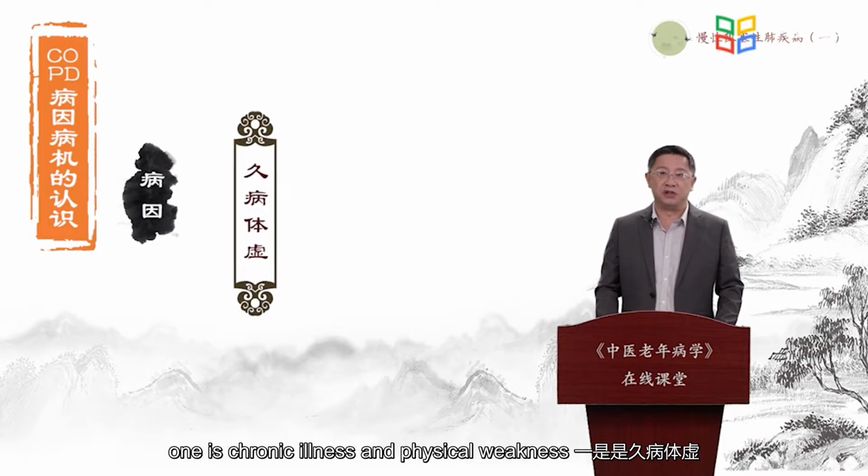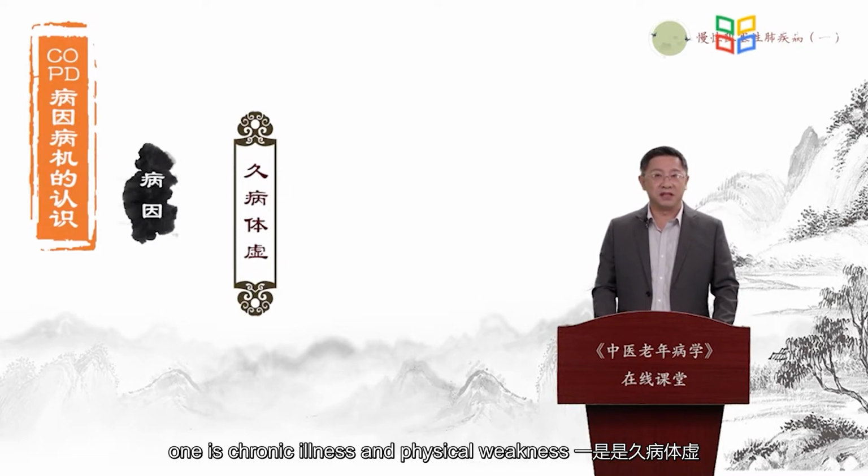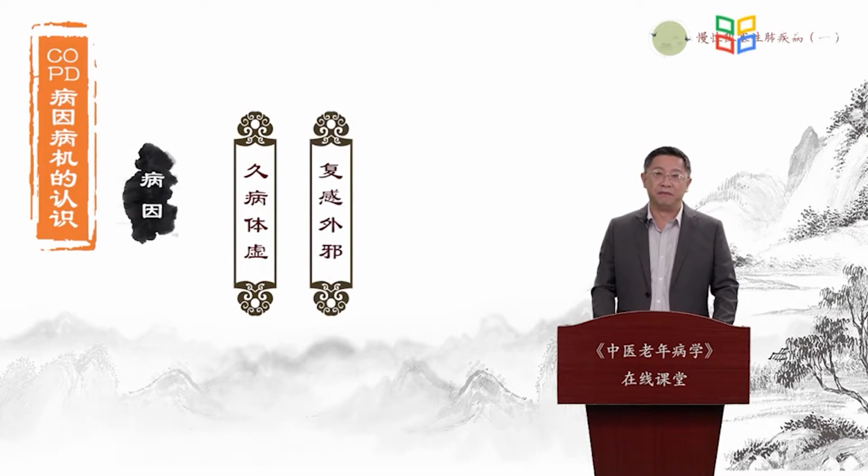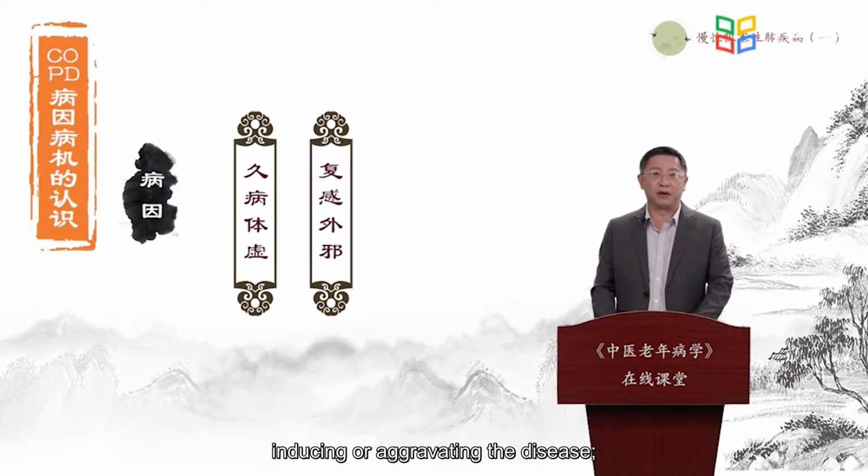To sum up, there are three causes. One is chronic illness and physical weakness, indicating a long course of disease. The other is the complex sensation of external evils; it is easy to feel the six external evils, which induce or aggravate the disease.